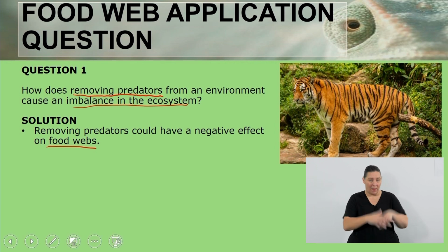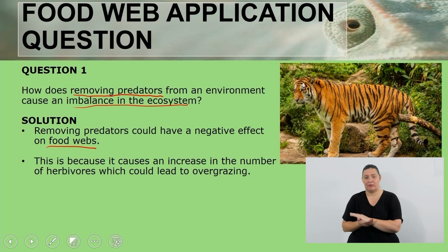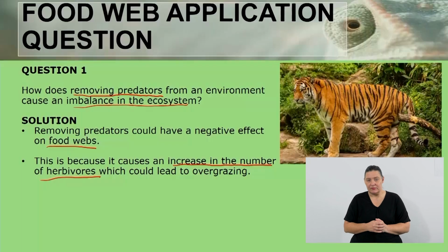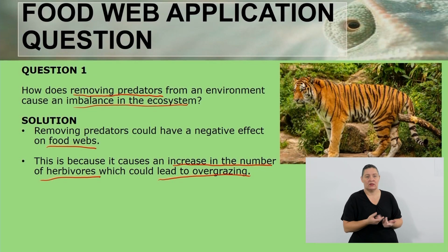What do we mean by negative effect? There will be an increase in the number of herbivores. Obviously now there's going to be more animals that are feeding on the producers, and nobody is feeding on them. So there will be an overload on animals that eat the producers, which could then lead to overgrazing.